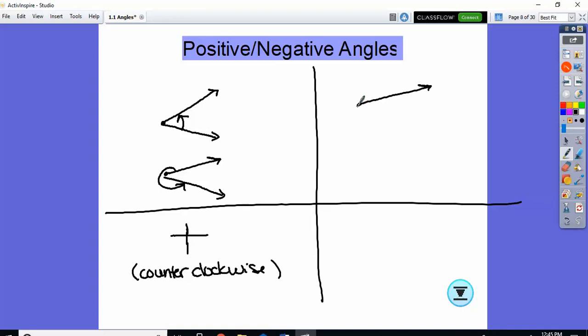So if I drew my angles like this, how's my arrow spinning in those? Clockwise. Those are negative angles.